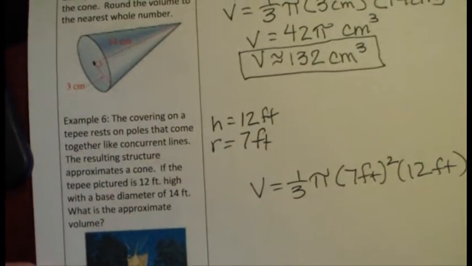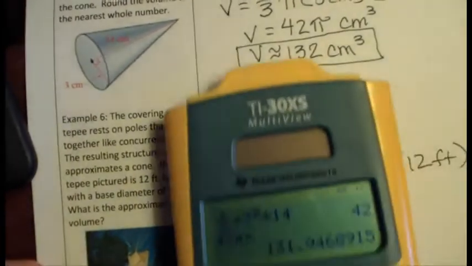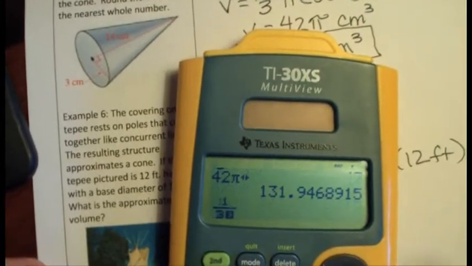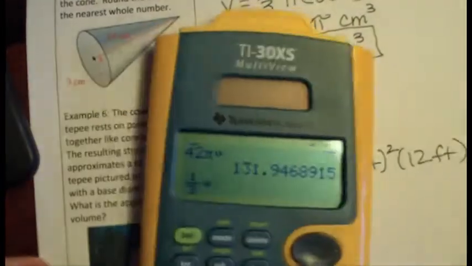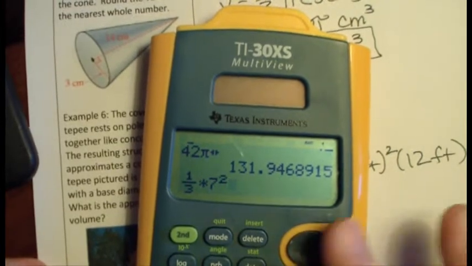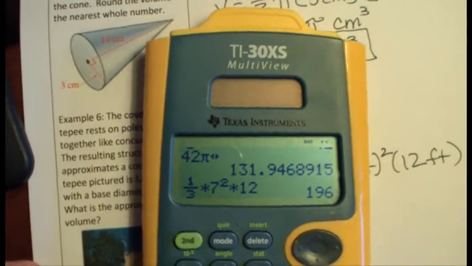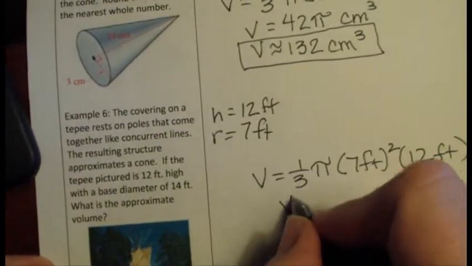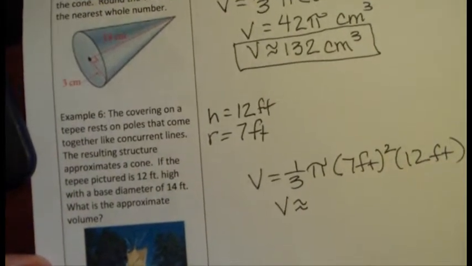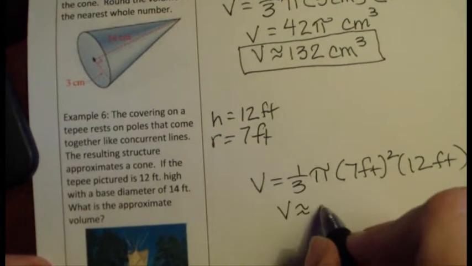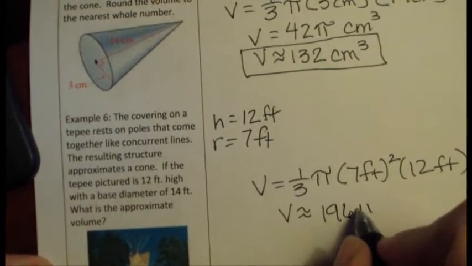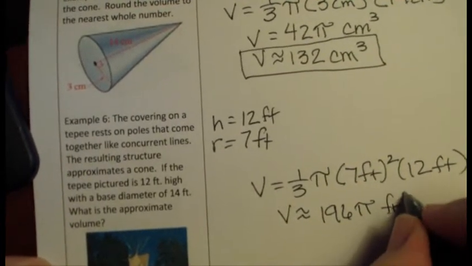So 1/3 pi times 7 squared times 12. 1/3 times 7 squared times 12 is 196. So our exact solution in terms of pi would be 196 pi feet cubed.